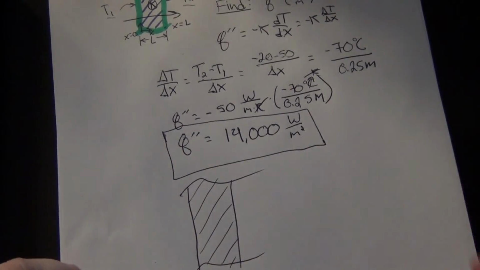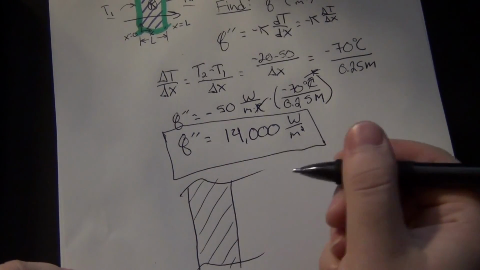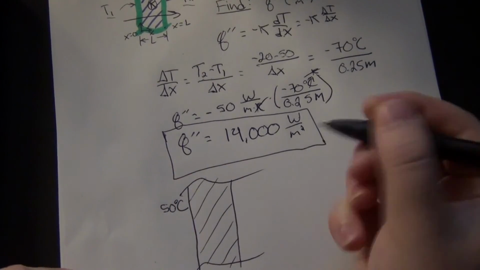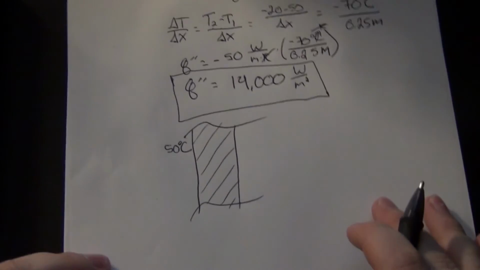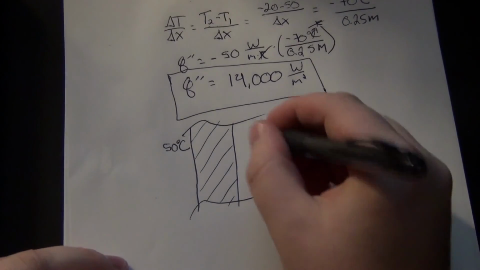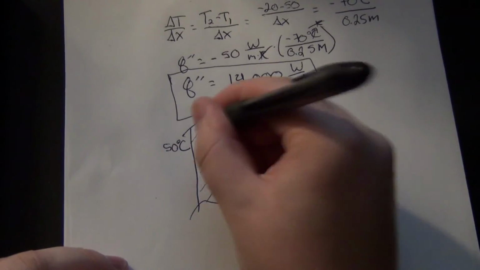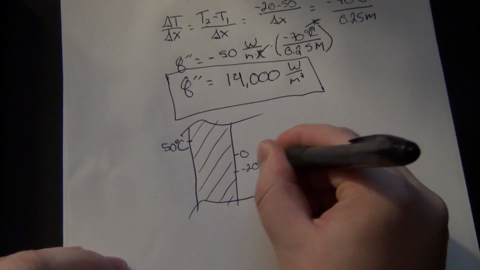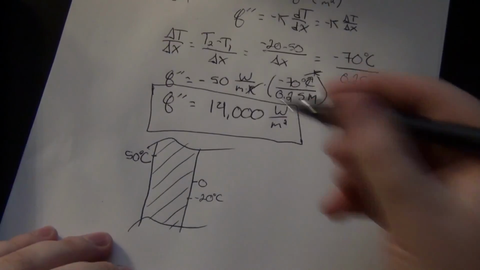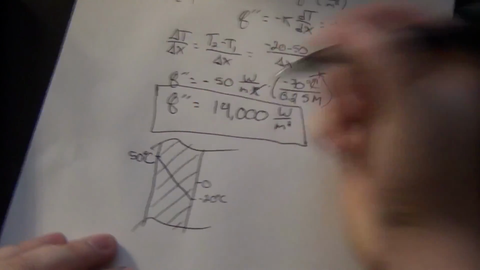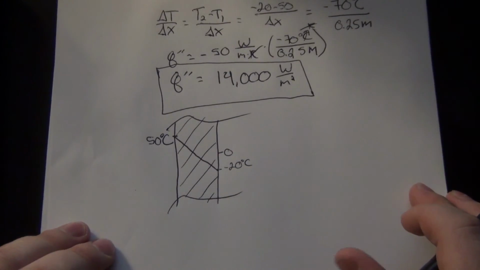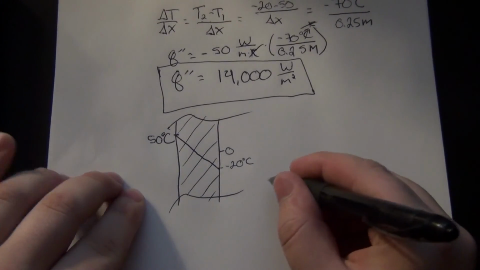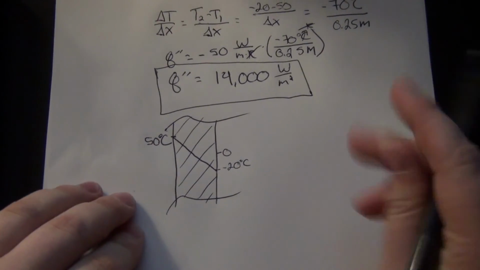So we know that T1 is at 50 degrees C. I'm not going to break out a grid and make everything look perfect here, but let's just say this is 0, and negative 20 is about there. We already talked about how it was a linear temperature distribution, and that is going to be the temperature distribution inside of the wall. The heat flows from the hotter side to the cold side at 14,000 watts per meter squared.